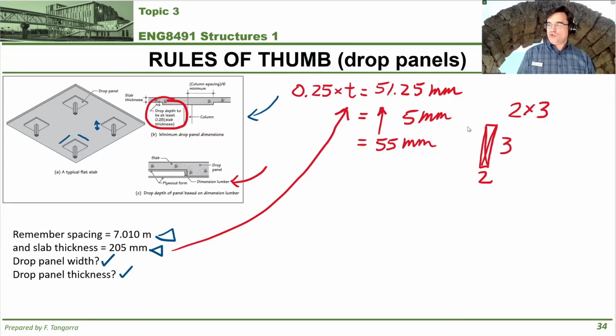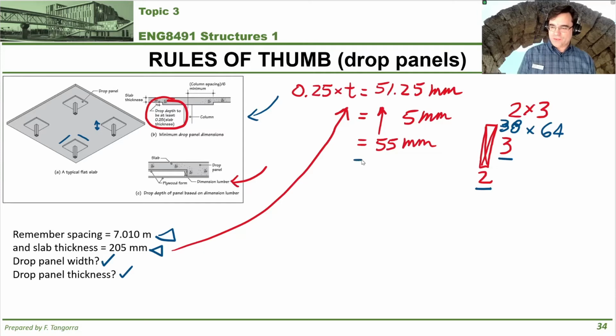And that's because a 2x3 in real metric units is 38 millimeters by 64 millimeters, where 38 is the full width and 64 millimeters is the full depth.